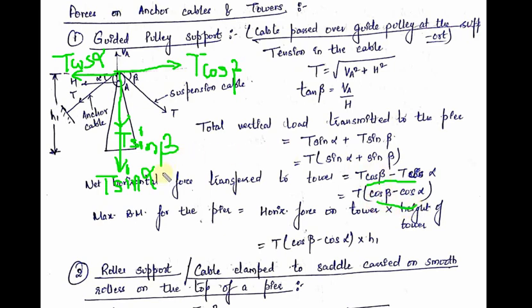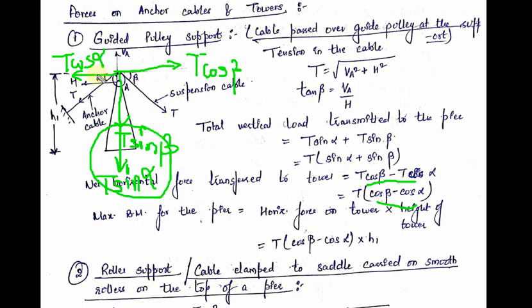Now, if I want to find out the maximum bending moment in the tower, we know that as the perpendicular distance increases, the bending moment also increases. If you see this vertical force, the line of action is coinciding with the base. So there will be no moment generated due to these vertical forces.